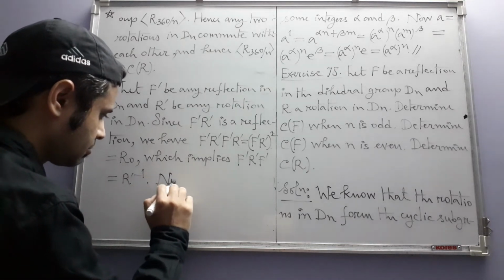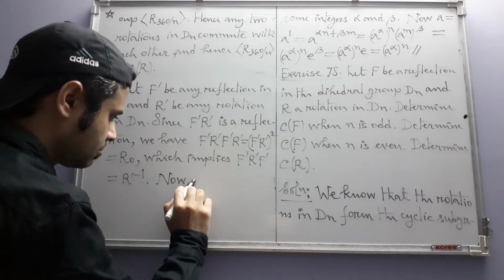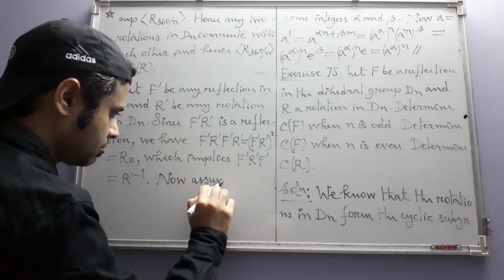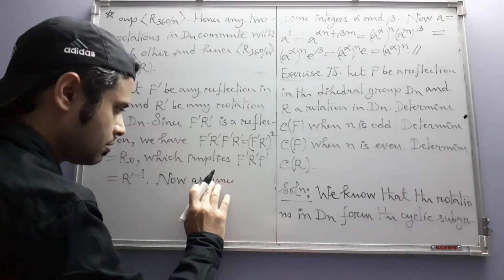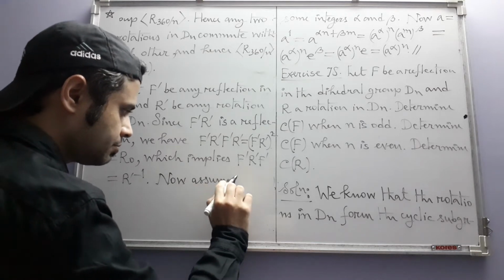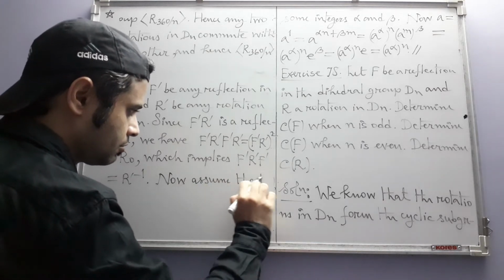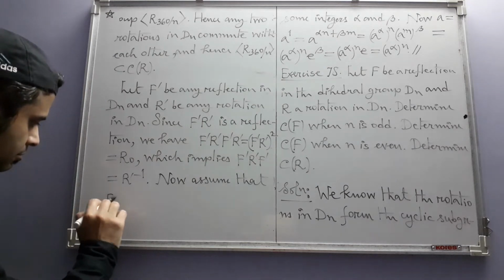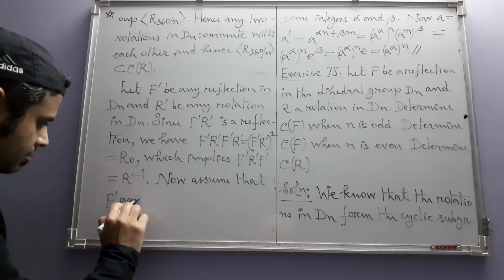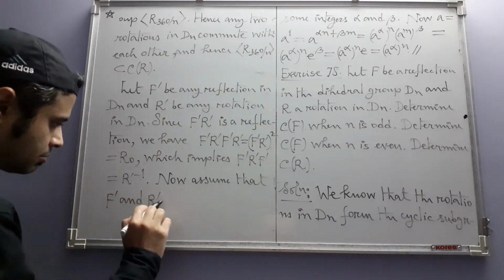Now assume that F prime and R prime commute.